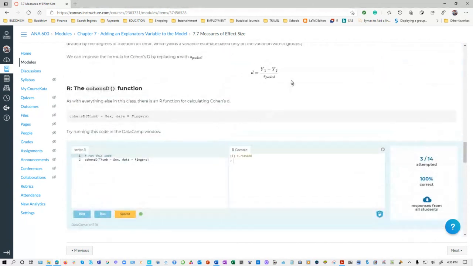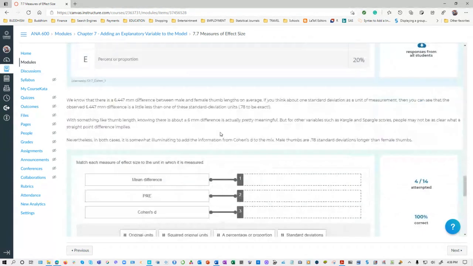Their means differ by this part, but we want it expressed in terms of standard deviation. So the male thumbs are 0.78 standard deviations longer than the female thumbs.